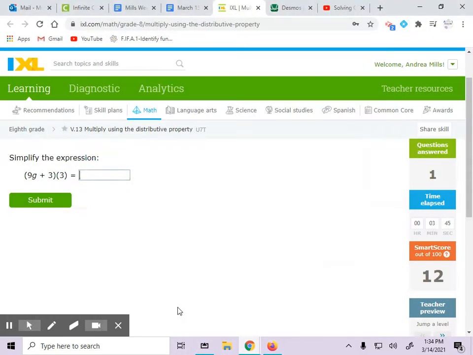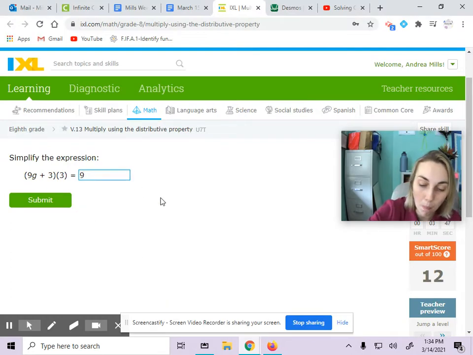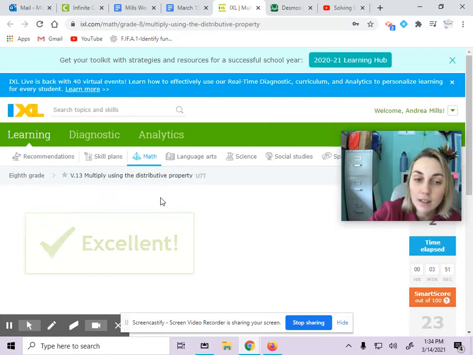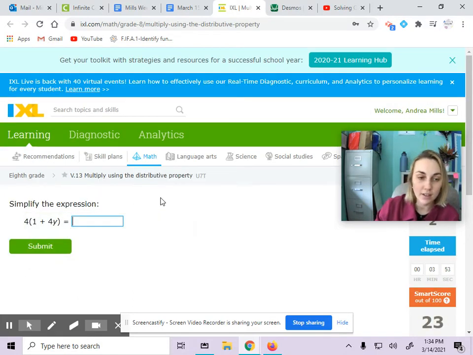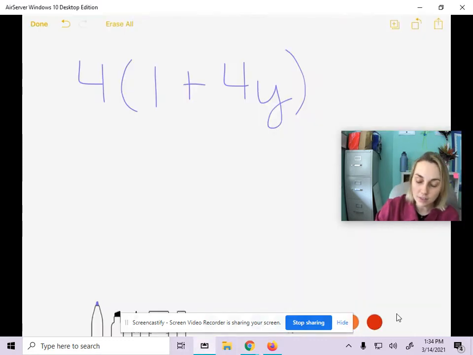I'm going to go back to my IXL and type that in. 9 plus 27g. Killer. Okay, so again, we have 4 getting multiplied by 1 plus 4y. Same thing. First, I'm going to multiply 4 times 1, because remember, it's multiplication.